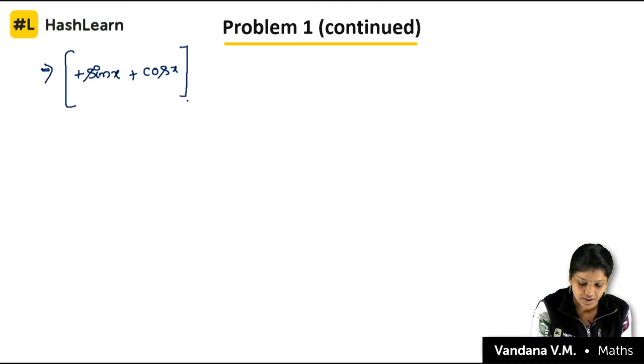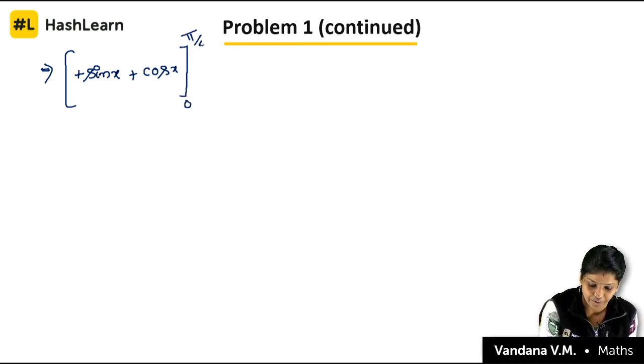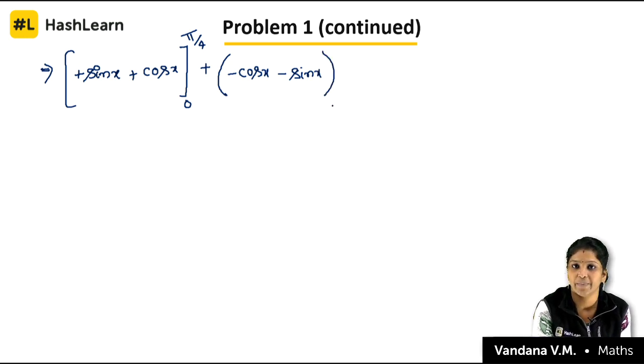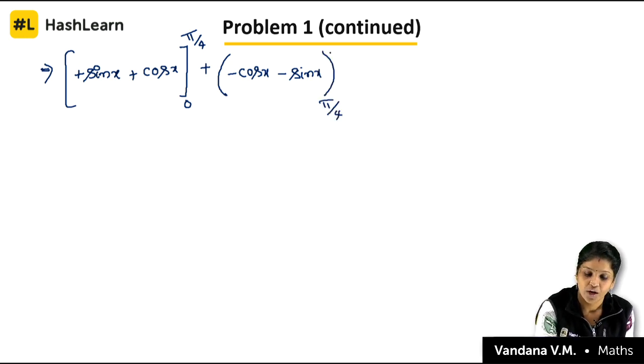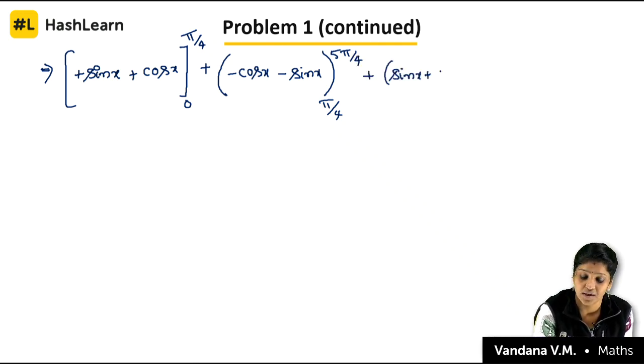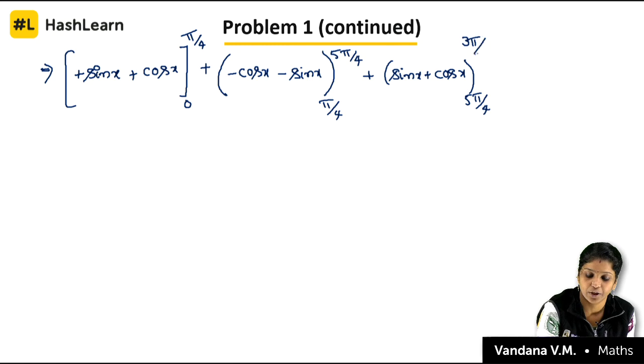What are the limits? 0 to pi by 4. Next, plus, if you integrate cos x minus sin x, what are the limits? Pi by 4 to 5 pi by 4. Next, plus sin x plus cos x. What are the limits, children? 5 pi by 4 to 3 pi by 2.